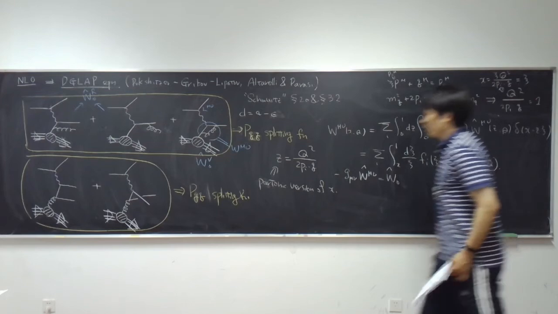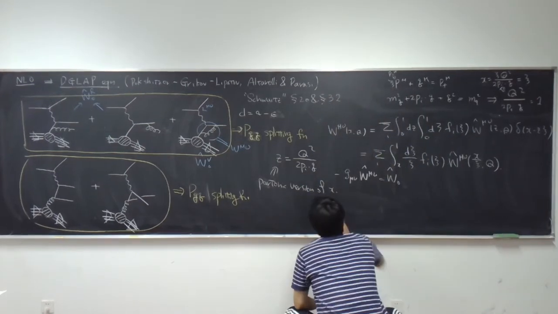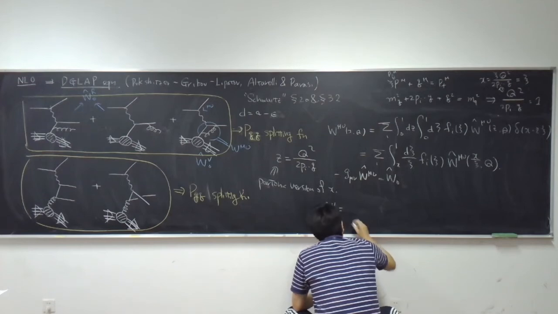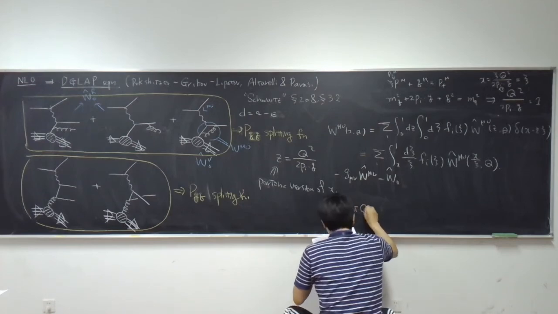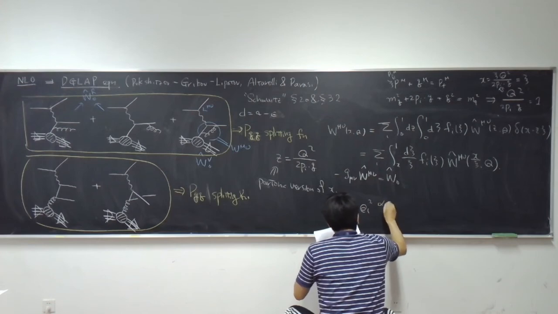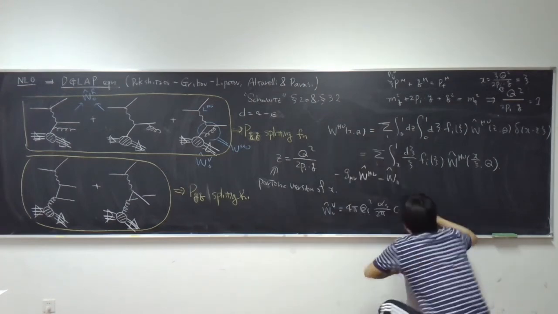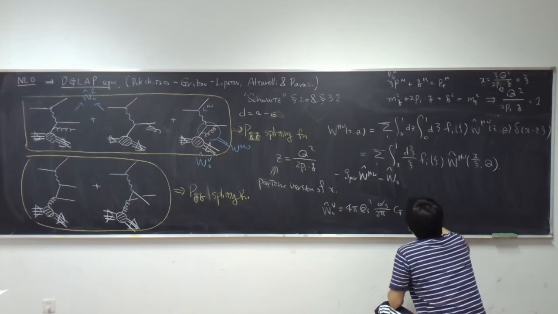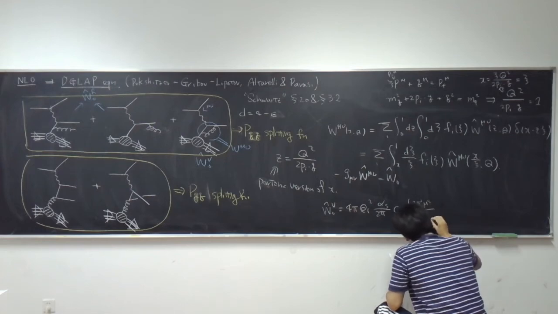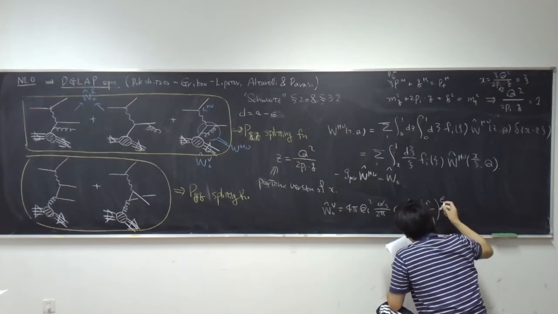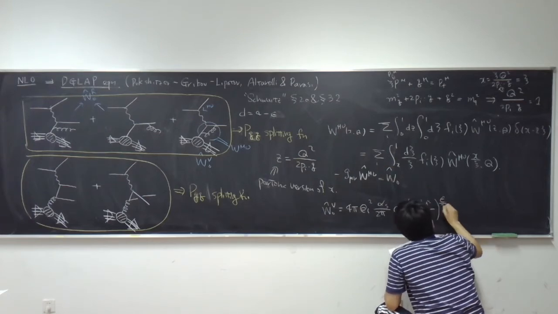So here, W0 hat B can be written as follows: 4 pi qi squared, 2 pi cf, 2 pi squared mu squared divided by q squared. Actually, this computation is done exactly in the original paper. I was surprised, it's so well written.